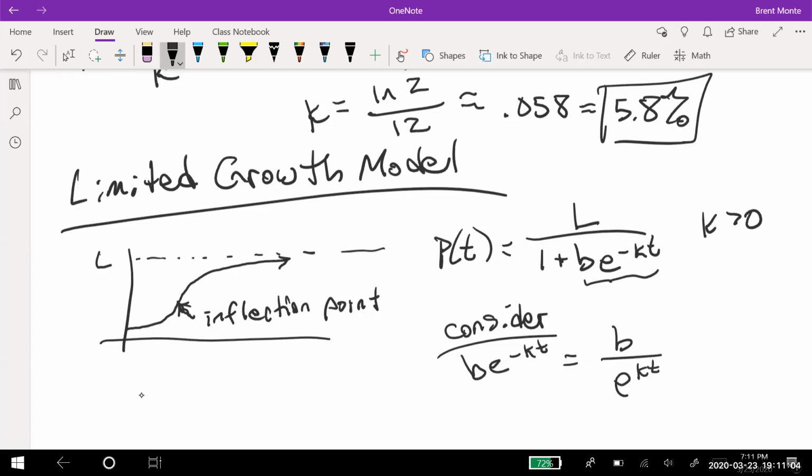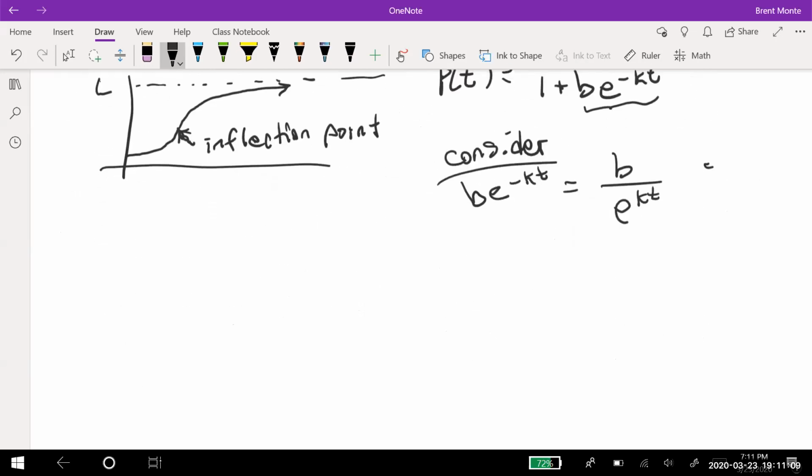And what happens as T goes to infinity? Let's erase this. As T goes to infinity, that's a little bit better.